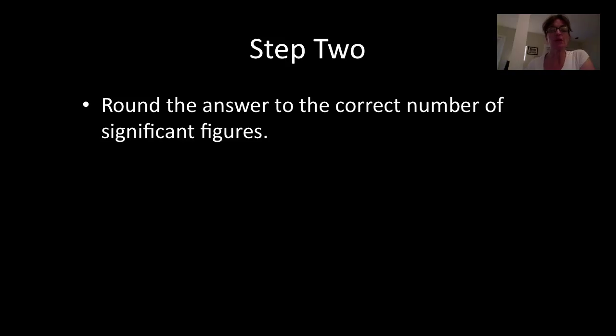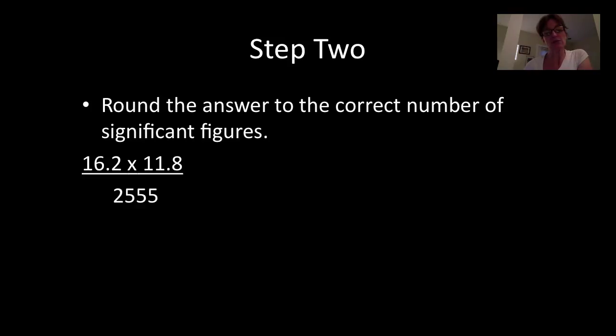Step 2, I'm going to round the answer to the correct number of significant figures. My first two numbers that I multiplied each have 3 significant figures. The number that I divided by has 4. The rules tell us that when multiplying or dividing measurements, we take the least number of significant figures. So we're going to put the answer in 3 significant figures.